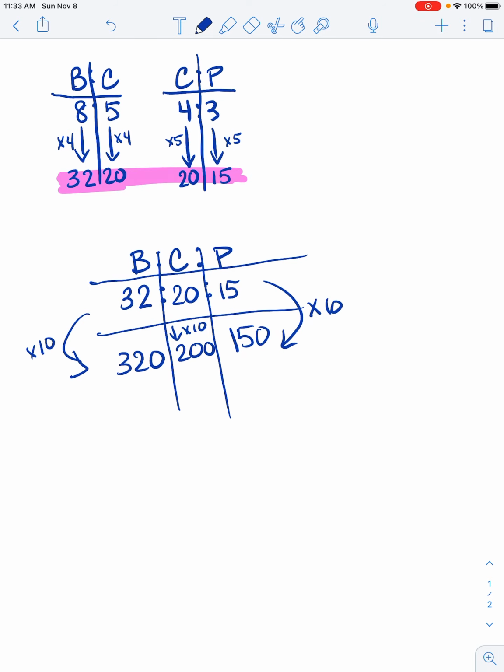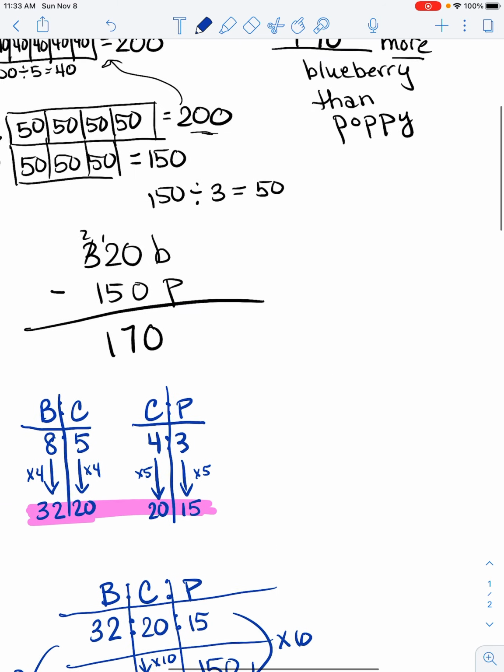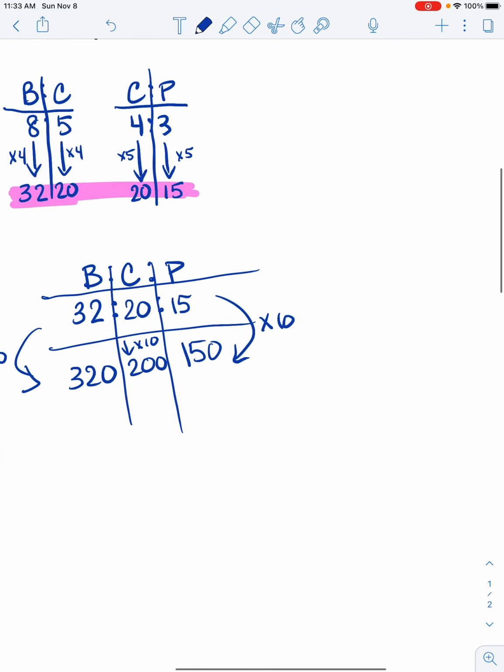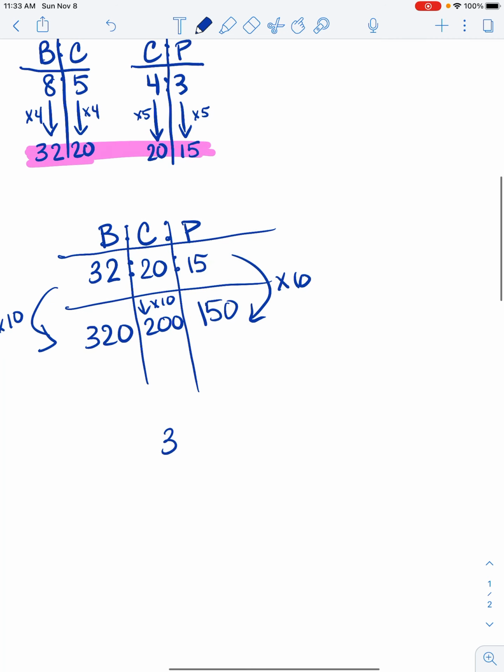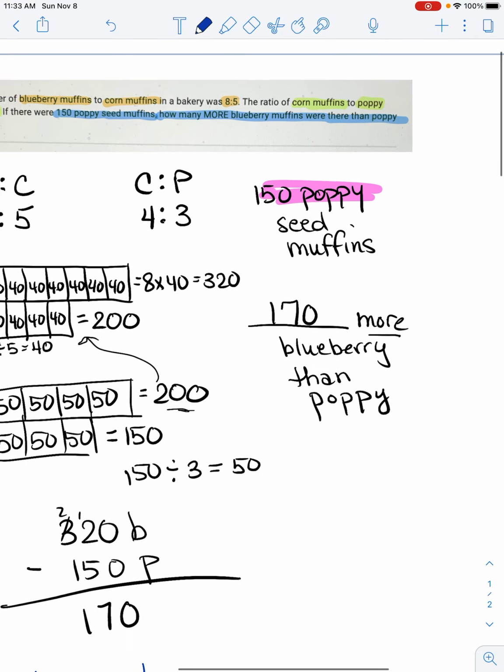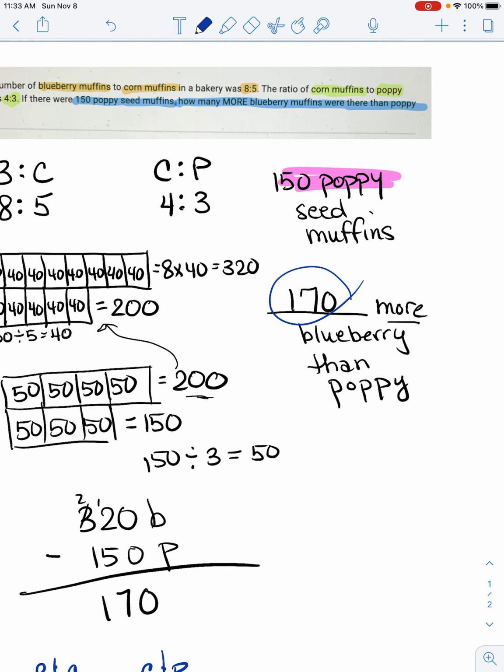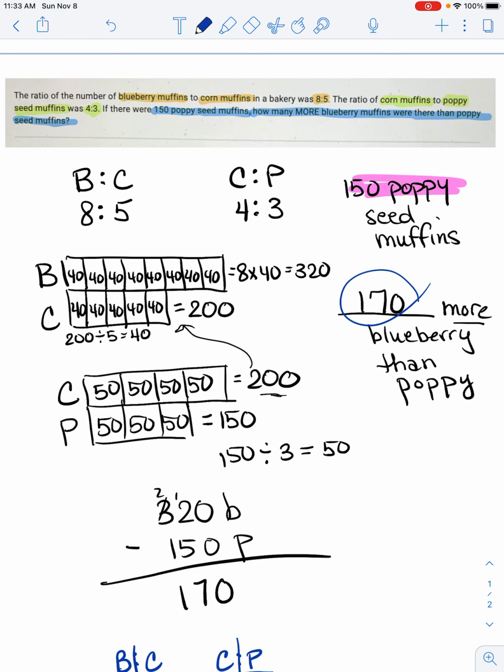And now again, I have to go back and look how many more blueberry than poppy. 320 minus 150 is going to give me 170, and that is the same answer as we got up here. So those are two ways to do ratio problems where you are comparing two different ratios.